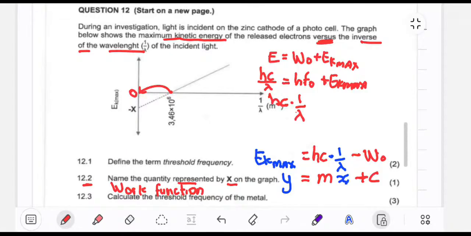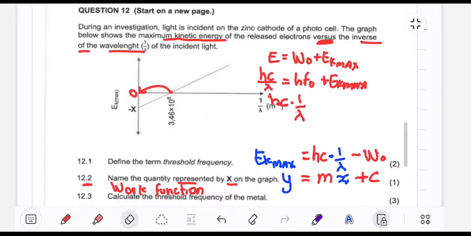The reason why I'm separating those is that for this 1 over lambda, I'm going to substitute this value. Where I see 1 over lambda, I'm going to substitute this thing over there.